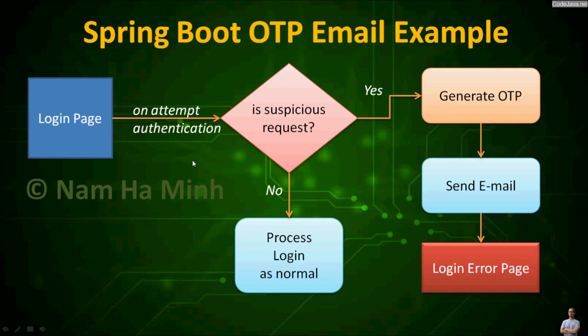Next, we need to implement the workflow in attemptAuthentication. The application will check if the request is suspicious or not, and redirect the user to the login error page in case the request is likely spam. And if the request is a normal request, process the login as normal.